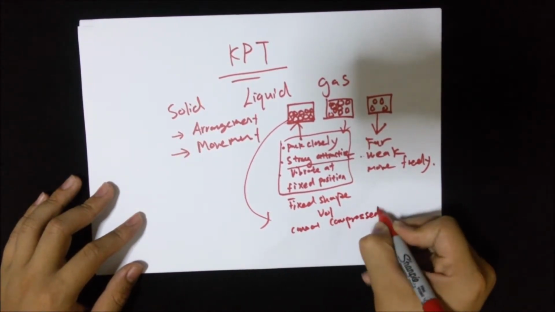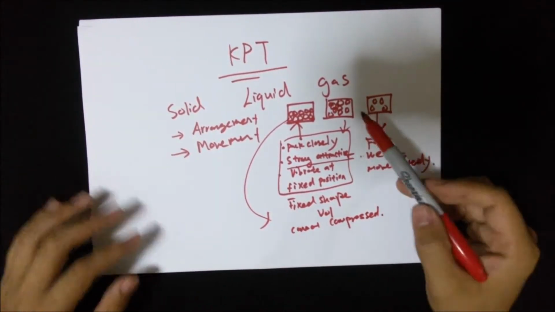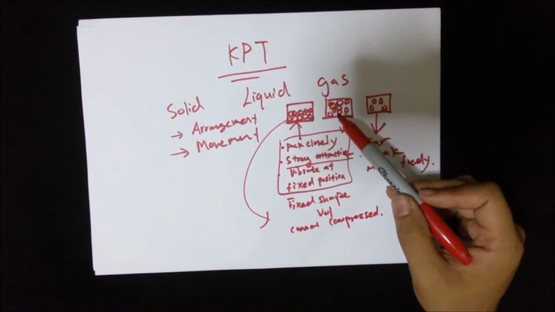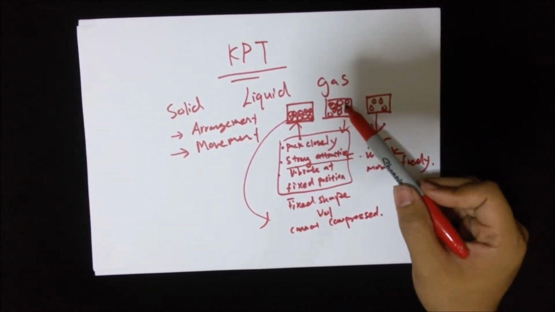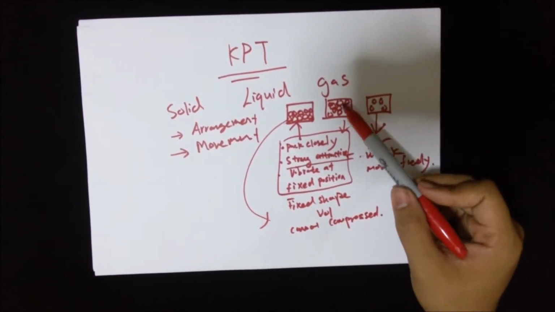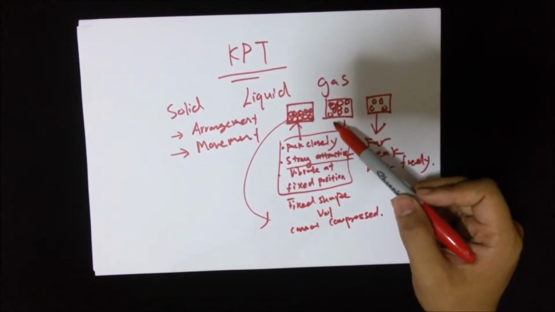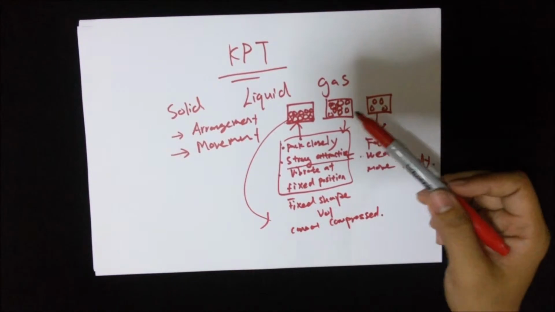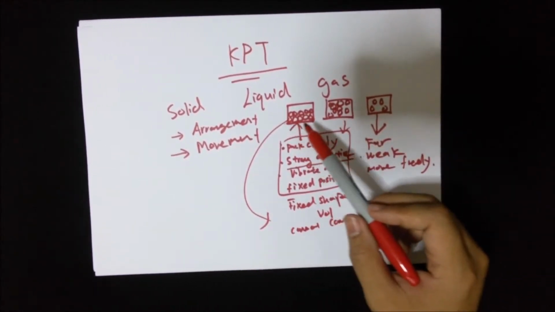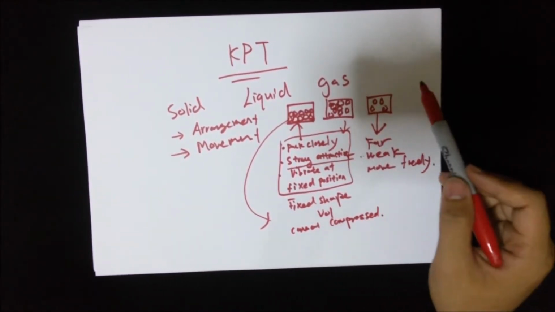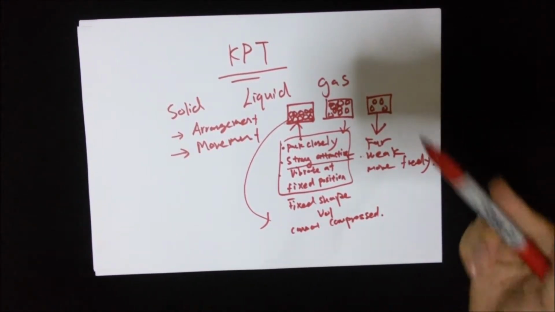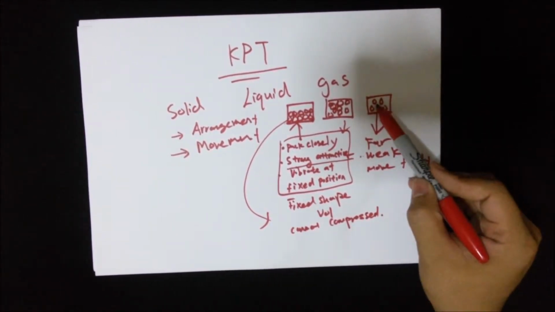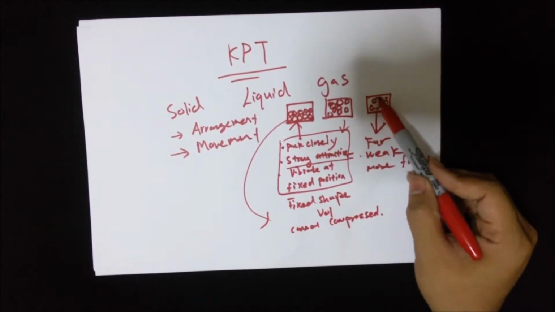So in liquid wise, you know that due to its arrangement, it has no fixed shape because you can see that the structure looks rather distorted. It has a fixed volume because the amount of volume remains the same, and it cannot be compressed just like the one in solid. However, for gas, there is no fixed volume, no fixed shape, and it can be compressed because there's a lot of gaps in between here that you can actually compress it.